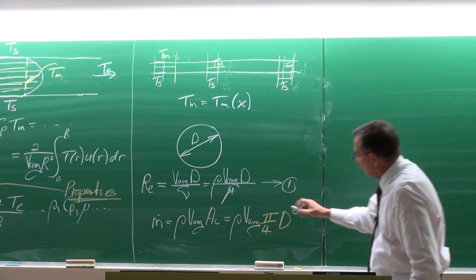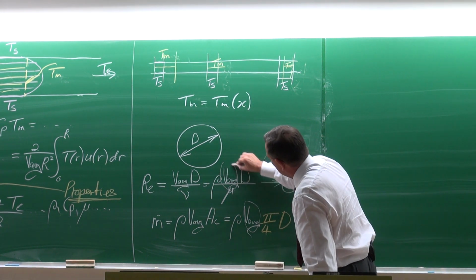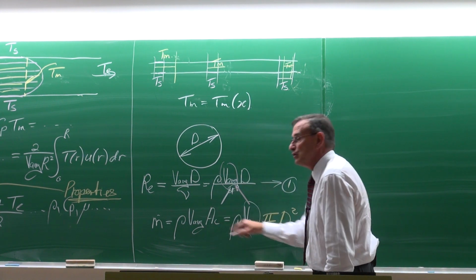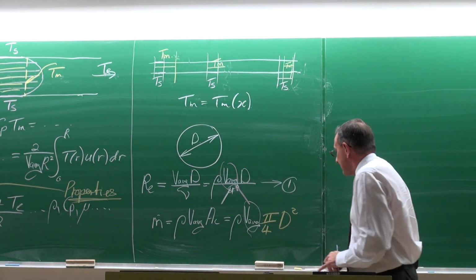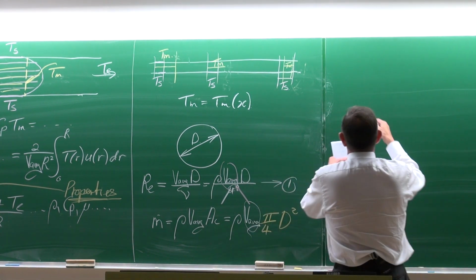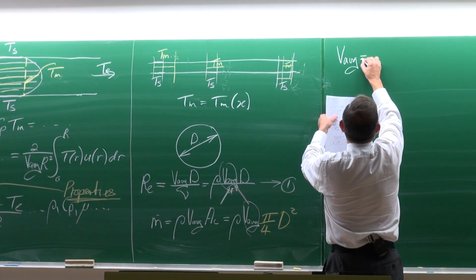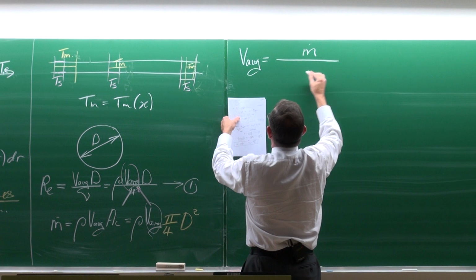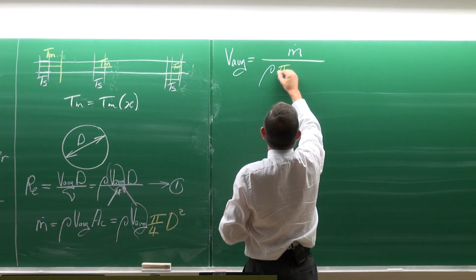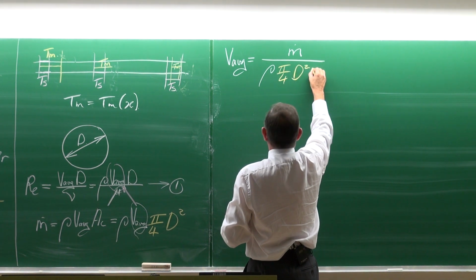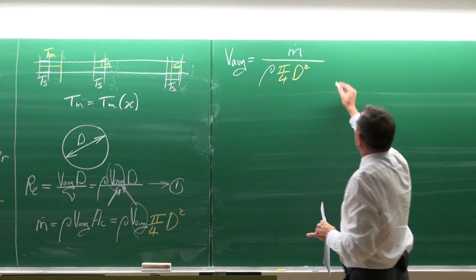Now you can write the average velocity as a function of mass flow rate and substitute it into this equation. So V average is now equal to the mass flow rate divided by rho times pi over 4 d squared.